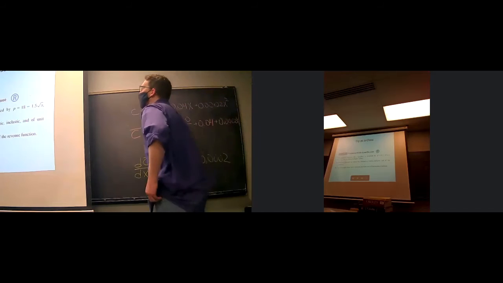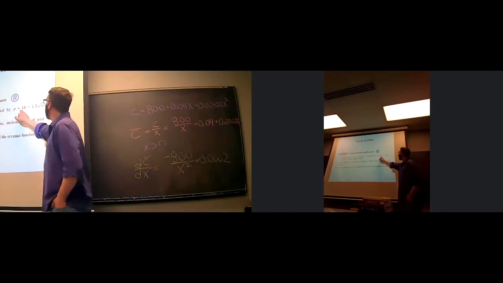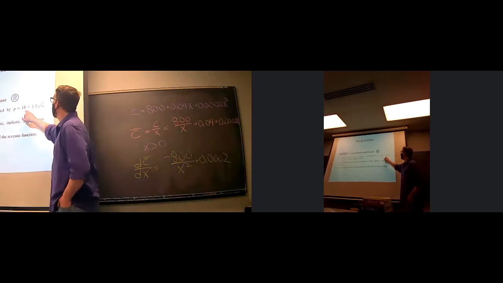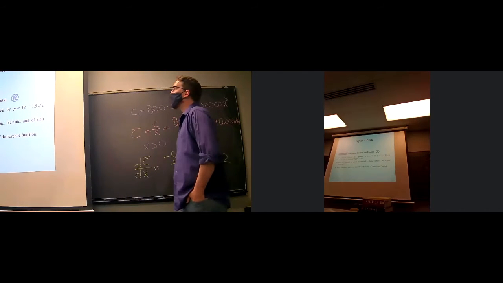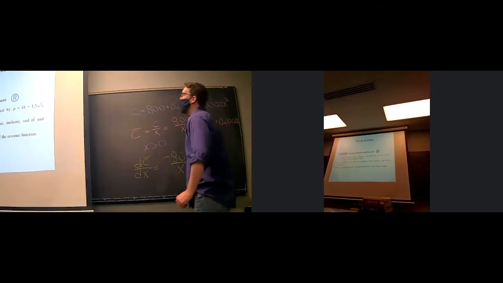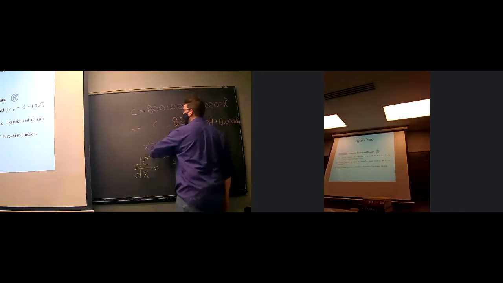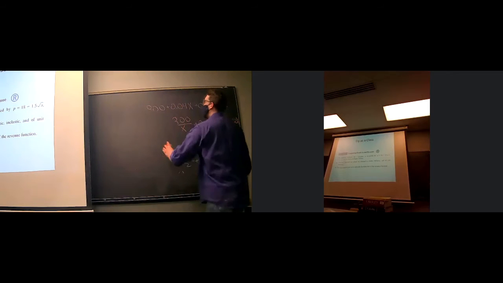So let's just jump right in and start using it now. We're told that price as a function of demand is equal to 18 minus square root of x, that quantity times 1.5. I think it's time for new glasses.